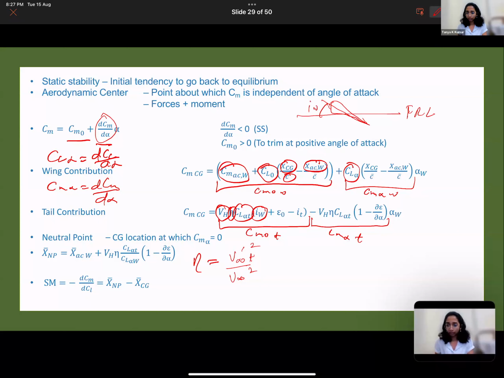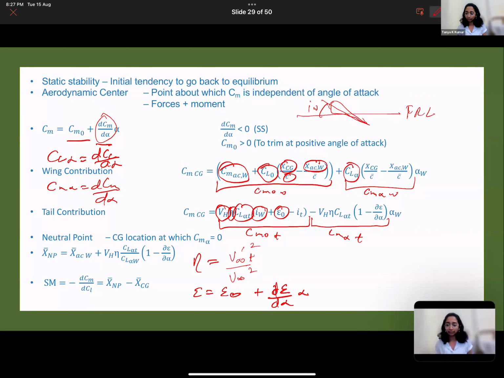So what is epsilon naught? Epsilon is the downwash angle. It is expanded as epsilon naught plus d epsilon by d alpha into alpha. So the epsilon naught comes from there.